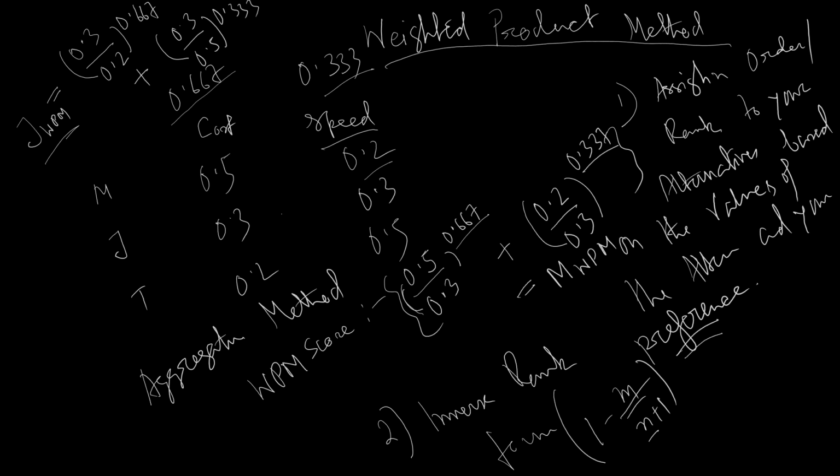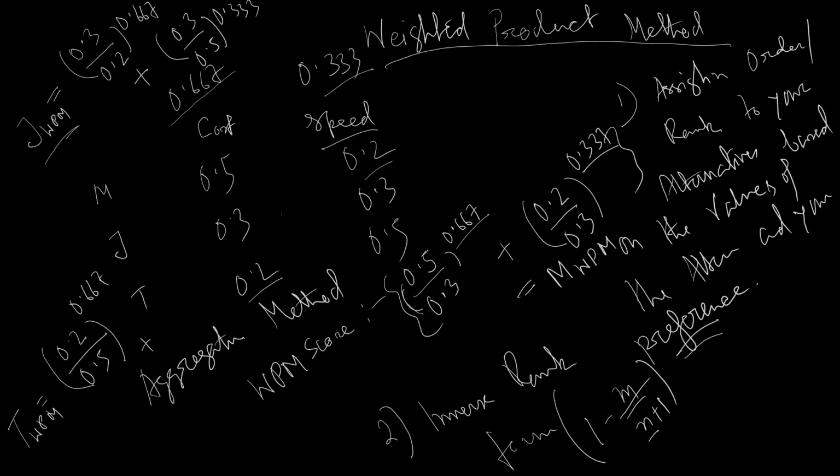And then lastly, to find the WPM score for Toyota, what do you do? The value of Toyota is 0.2. Now we have already compared Jaguar and Toyota, but we have not compared Mercedes and Toyota. That is why 0.2, the alternative I am comparing, is placed in the numerator, and 0.5, the value for Mercedes, the alternative with which I am comparing, is in the denominator, to the power 0.667.